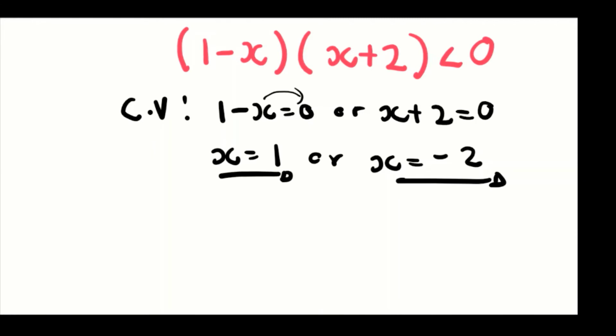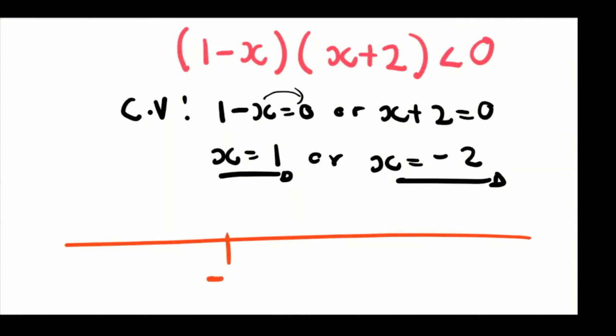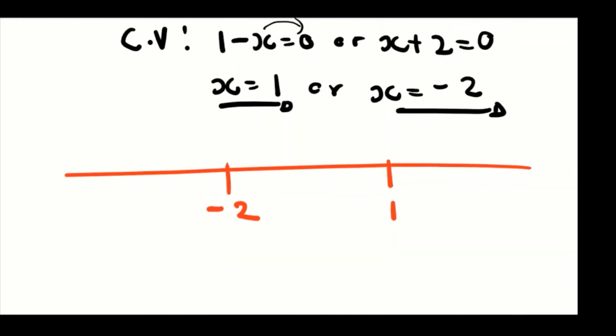The next step is to draw our number line and present our critical values. The first critical value is minus 2, and the other critical value is 1. I'm just going to write critical value. What you're going to do here is test values before your critical values and values after your critical values.